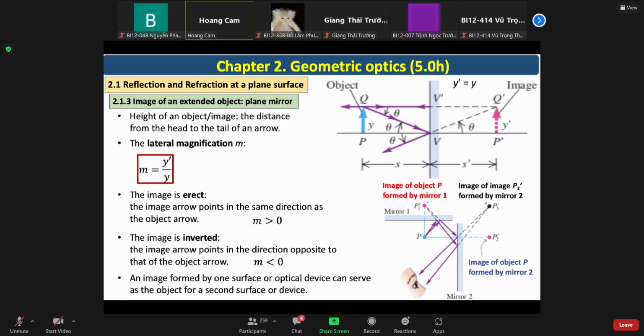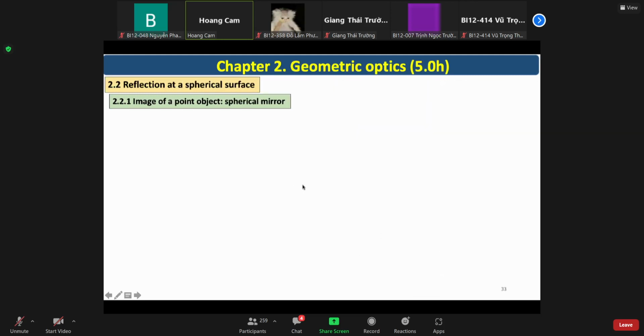It can be the image for this system, however it can be the object for another one. So we just dealt with the image of a point or an extended object formed by a plane surface.